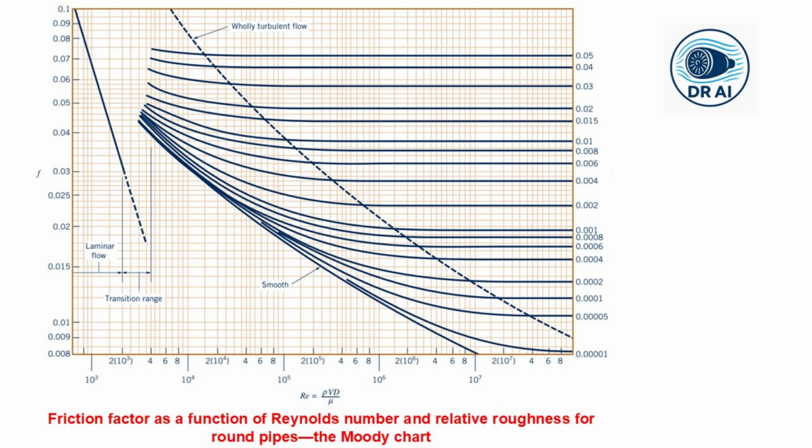Now we move to the right into the turbulent region, where the Reynolds number is greater than 4000. You see a family of curves, each for a different relative roughness, epsilon over D. For smooth pipes, epsilon over D is equal to 0. This is the lowest curve.